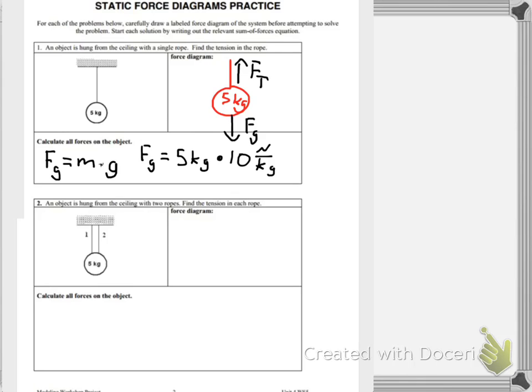And so this would give me a solution of 50 newtons. And then because the forces are balanced here, that also means that the tension in the string is 50 newtons.